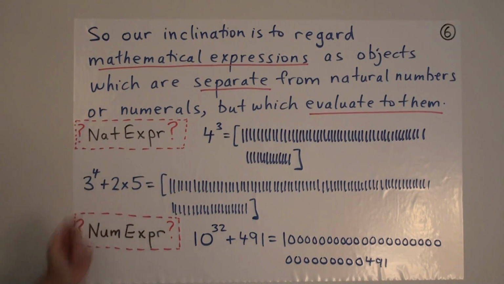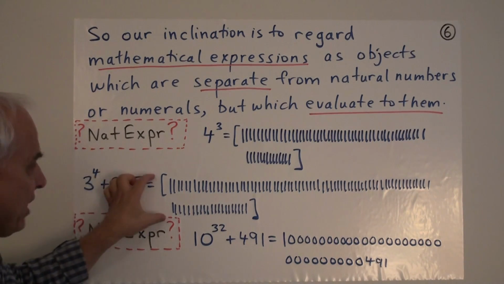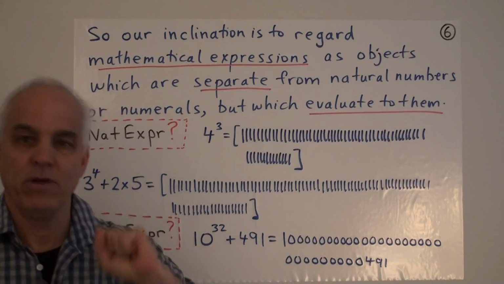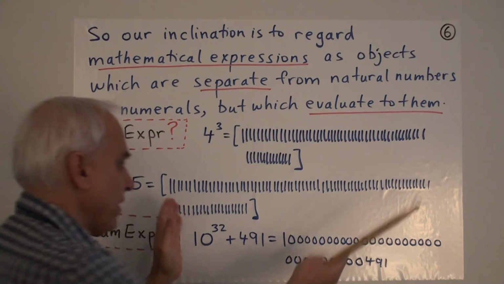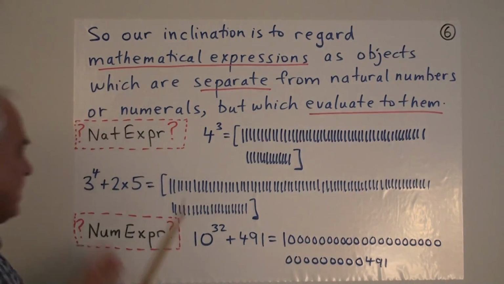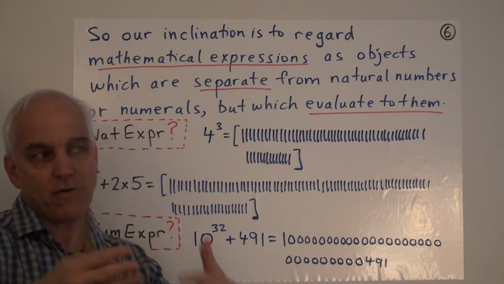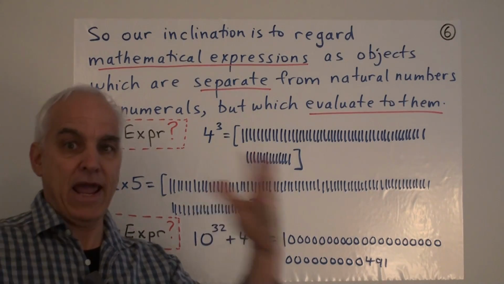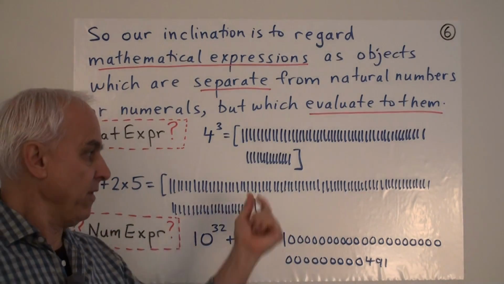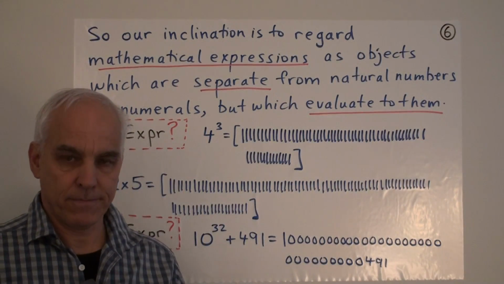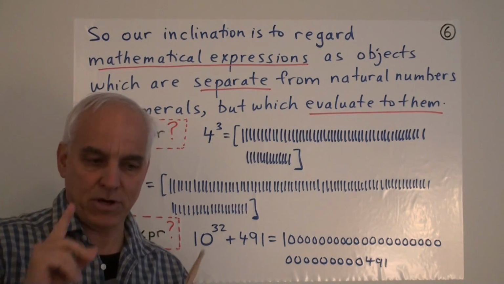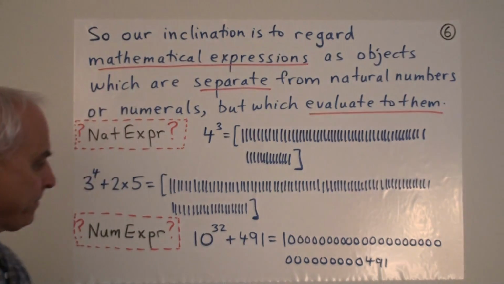We could look at combinations. We could say 3 to the 4th plus 2 times 5. Well, that's just a shortcut, a mathematical expression that actually evaluates to this primitive natural number. So here is the true object, and this is now another name for that object. So we're enlarging the possible names that we can give to our primitive natural numbers. So this is one approach. I'm not saying that we're going to do it this way, but this is one way of thinking.